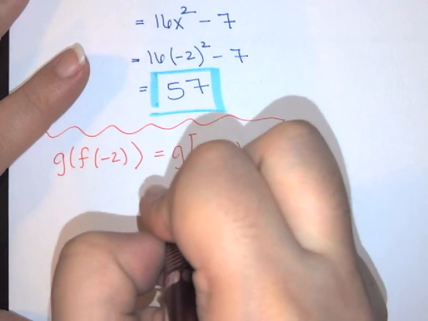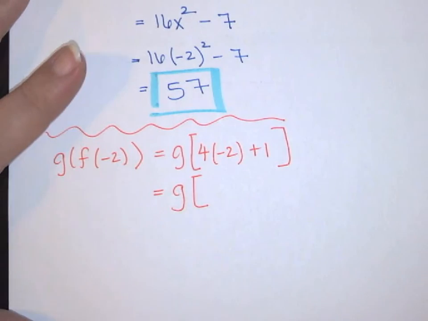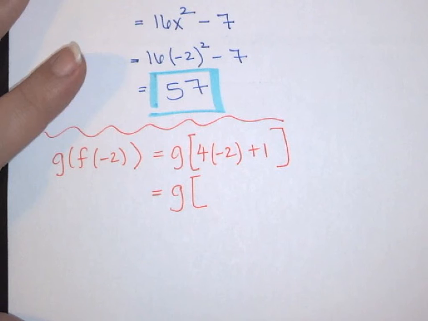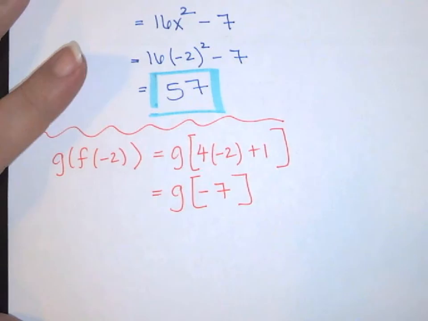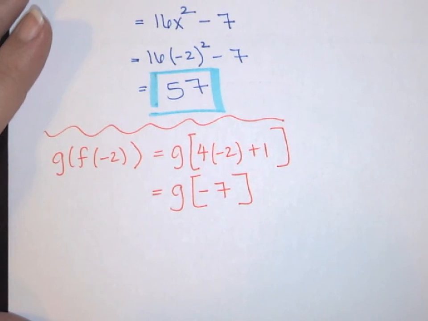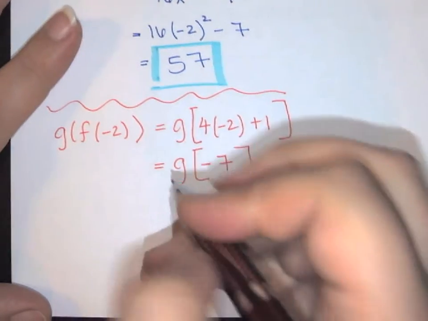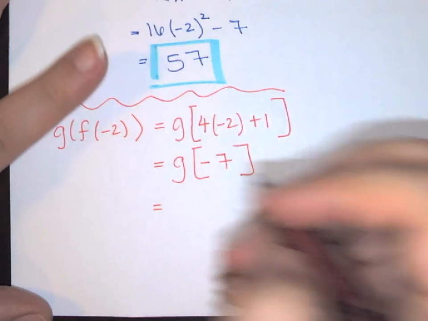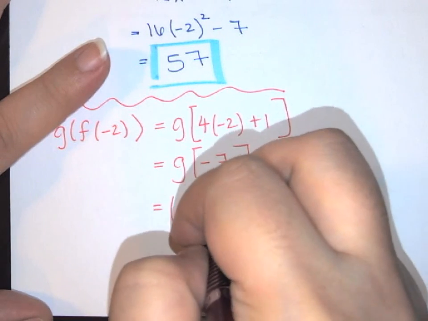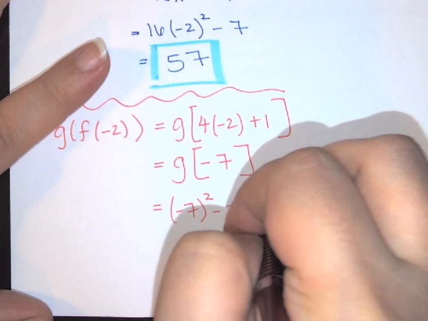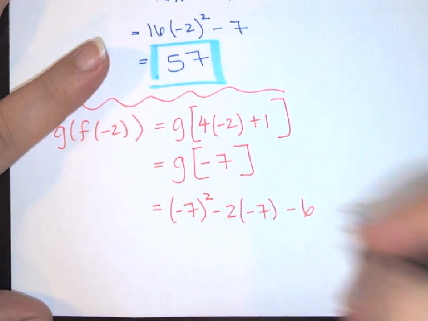Well, 4 times negative 2 is a negative 8, plus 1 is a negative 7. And notice I now have g of negative 7. So that says I now have to plug that in. So this becomes negative 7 squared minus 2 times a negative 7 minus 6.